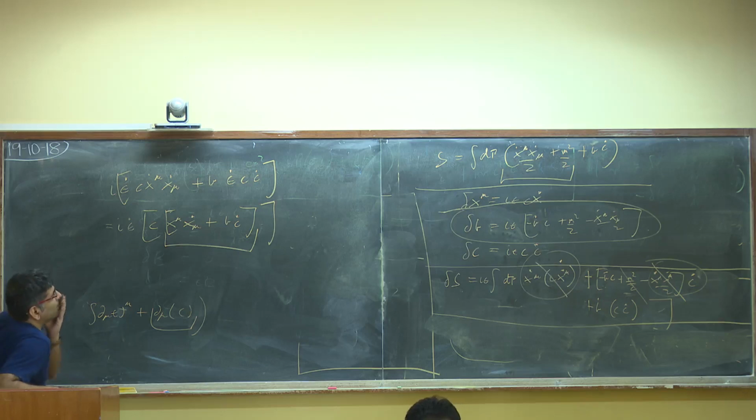Where is the m square? It cannot come under order, because m square is there as a total derivative. It was there with c dot.